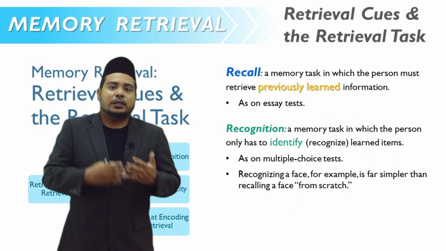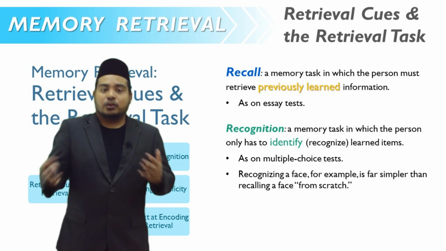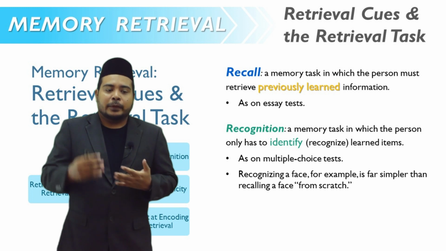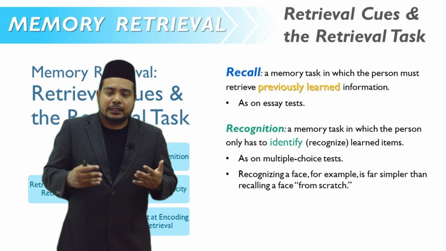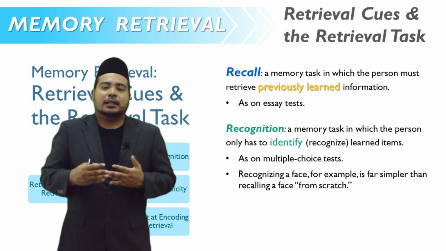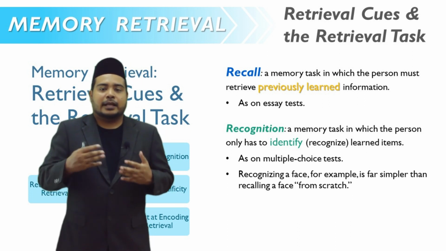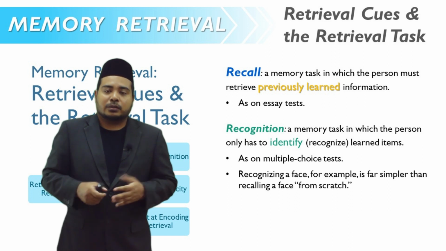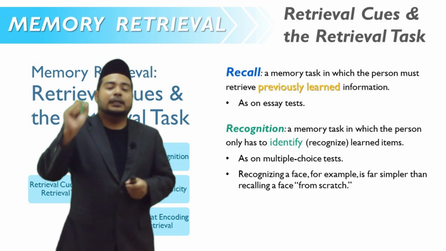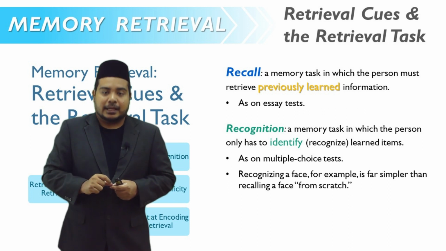So with the MCQ question just now, it's usually easier because it involves recognition rather than recall. Why? Because retrieval cues are available in the question or in the answers.